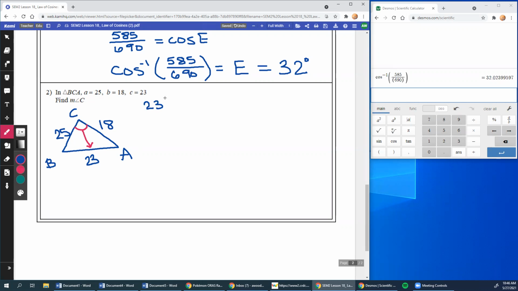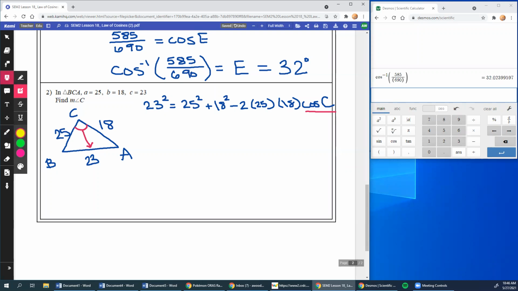We're going to have 23 squared is equal to 25 squared plus 18 squared minus 2 times 25 times 18 times cosine of C. Again, we need to get cosine of C by itself. I'm going to simplify 23 squared. I'm going to simplify 25 squared plus 18 squared. And I'm going to simplify 2 times 25 times 18.